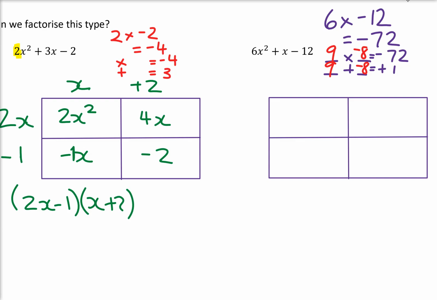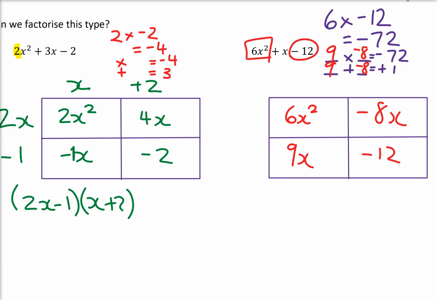That's what we need. So this is going to be a 9x. That's going to be negative 8x. This here is going to be 6x squared. That's going to be negative 12 from my original equation. And now we're just going to go, what goes where? What's the common factor just there?